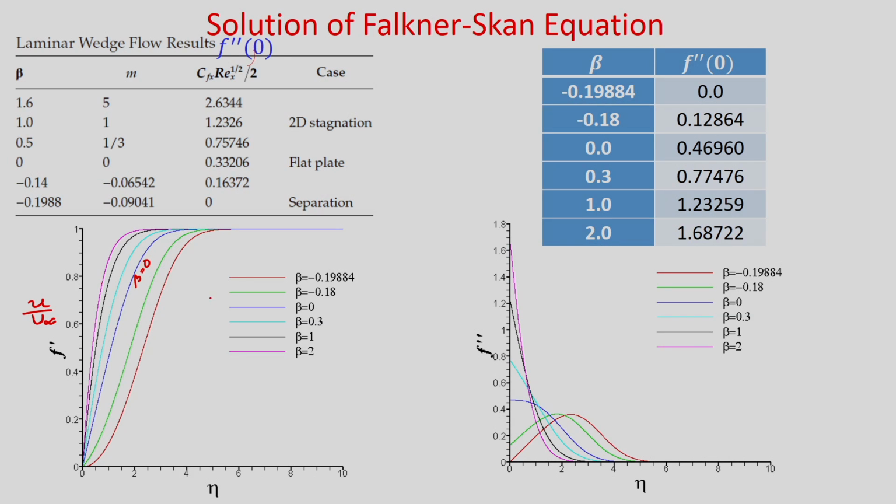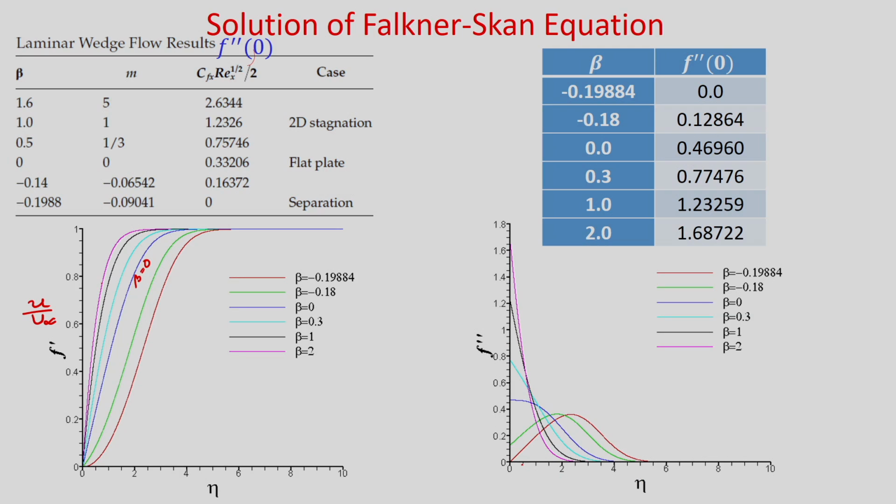Okay. And you know that at eta equal to 5, it becomes almost 99% of the free stream velocity.